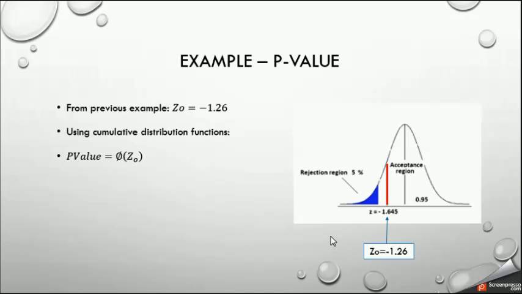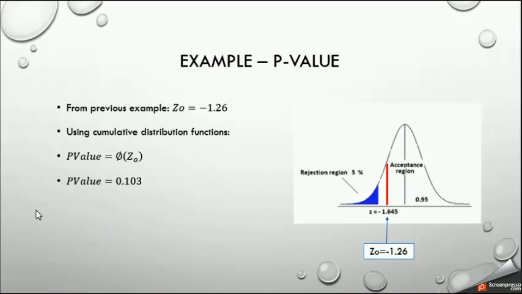In our case, where the alternative hypothesis is mu less than mu naught, the p-value is the total area under the curve from minus infinity until the red line, which is the Z0 value. Using the cumulative distribution function, this is directly phi of Z0. So we get the p-value as phi, the cumulative distribution function, at value Z0.